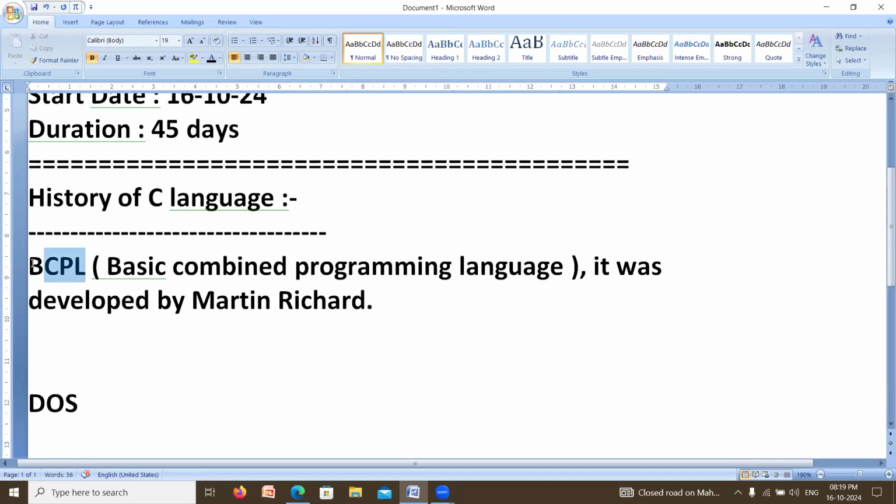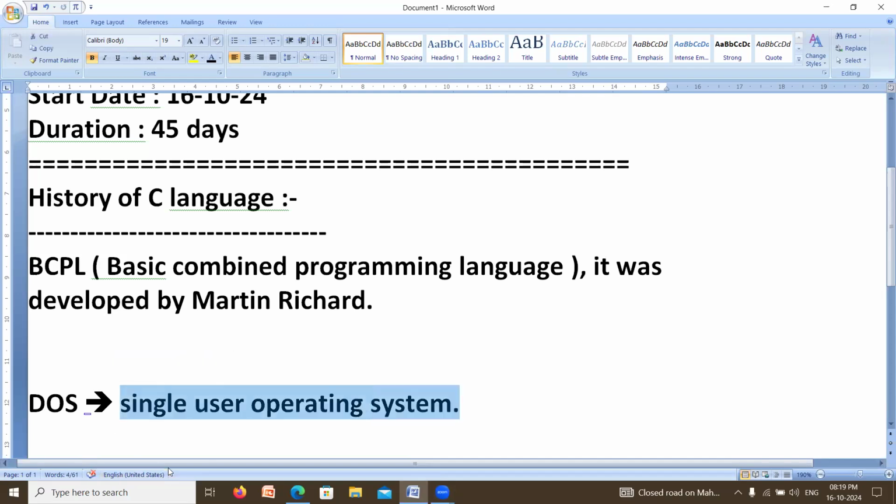At the time of BCPL, they used one operating system called DOS. DOS means Disk Operating System. Actually, it is a single-user operating system. Single-user operating system means it can give support to only one user at a time. Multiple users cannot use this operating system. So it is called a single-user operating system.